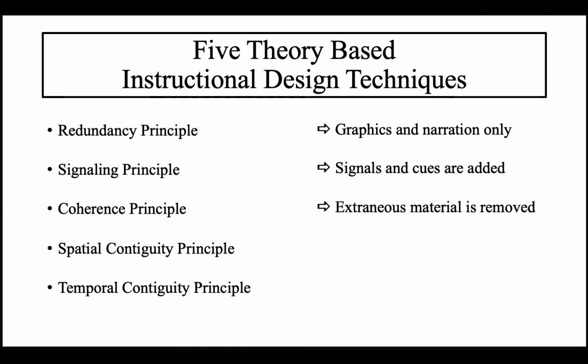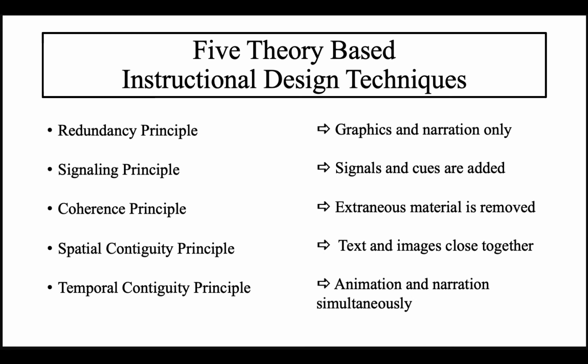The coherence principle, which is removing any extraneous material or distractions to the learner. Spatial contiguity principle, when text and images are paired closely together. And finally, the temporal contiguity principle, where animation and narration are used simultaneously, similar to a cartoon or video.